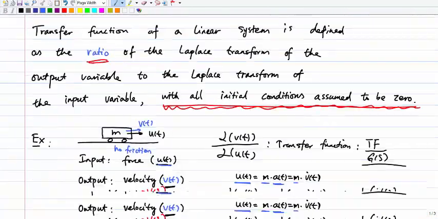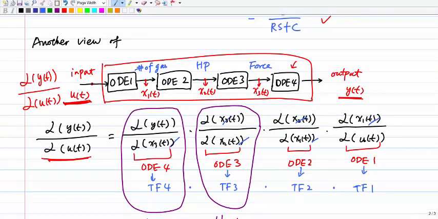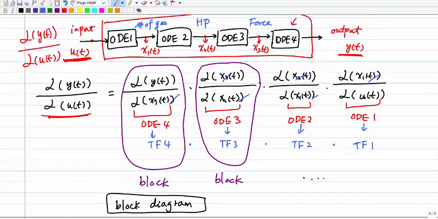The nice thing for the transfer function, as you can see, is that the intermediate variables directly cancel out by doing the Laplace transform. So there's no actual work. We just need to figure out the individual transfer functions for each process and multiply. That's it. So it makes it very easy to find a relation between input and output in the S domain.